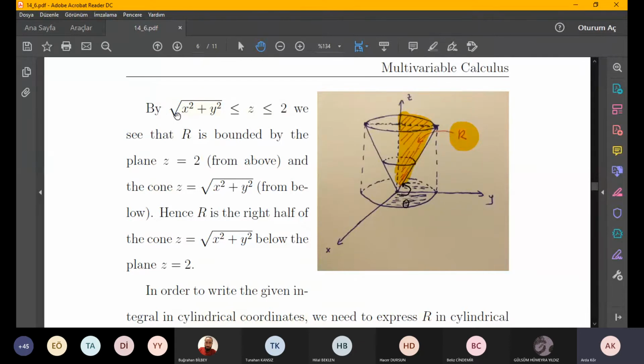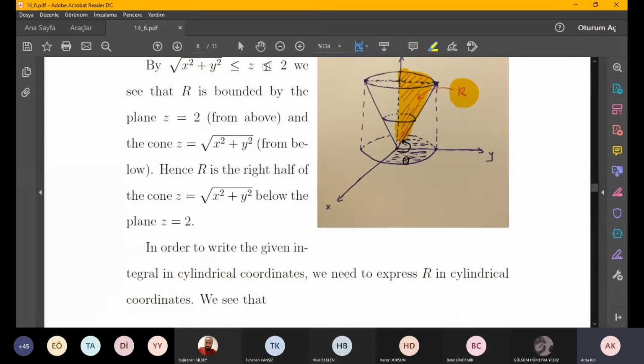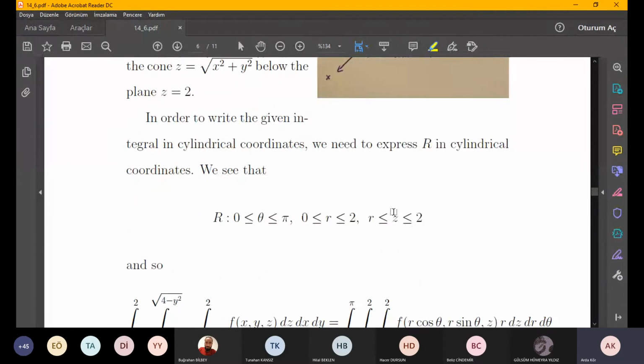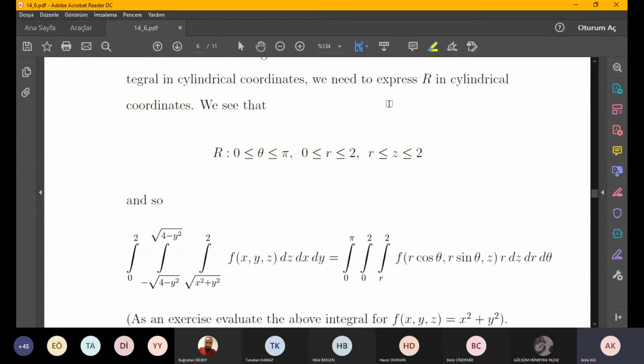So here will be square root of r squared, because by using cylindrical coordinates you get x squared plus y squared equals r squared. So here will be r, and here is a constant, so it will remain the same as 2. So that means now we have written R, the integration domain, in cylindrical coordinates.